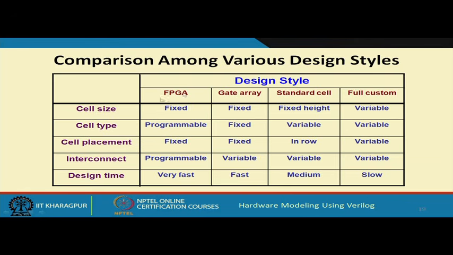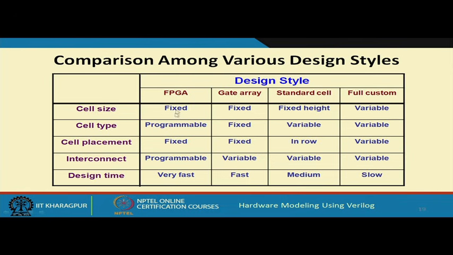Cell size in FPGA, everything is prefabricated, right. The CLBs, the LUTs, they are fixed. Gate array also, the transistors are the cells, they are fixed. Standard cell, cells are not fixed, but their heights are fixed. But full custom, you have complete flexibility, they are variable.